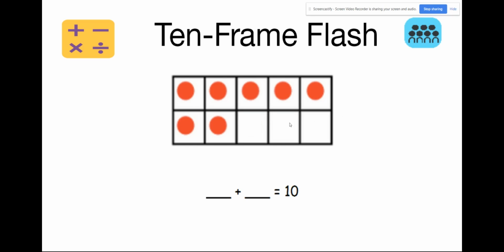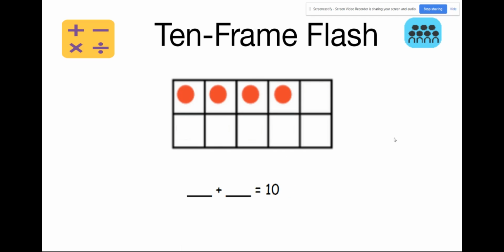And I see 3 blanks because 7 plus 3 equals 10. 4 chips. How many would I need? 6, because 4 plus 6 equals 10. 1 chip. What goes with 1 to equal 10? 9, because 1 plus 9 equals 10.